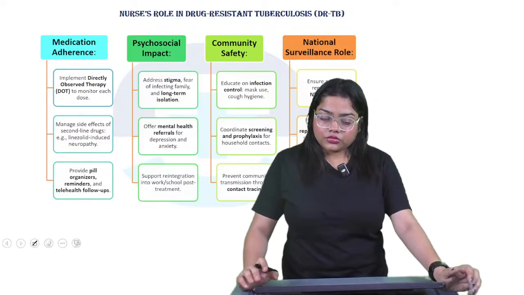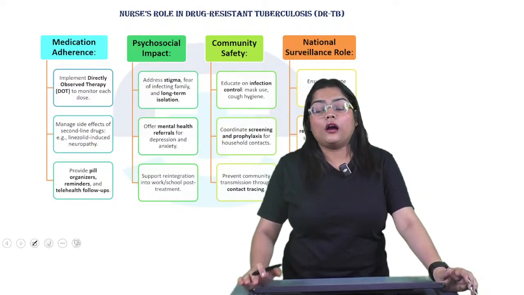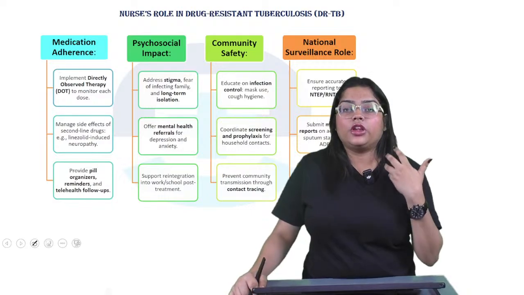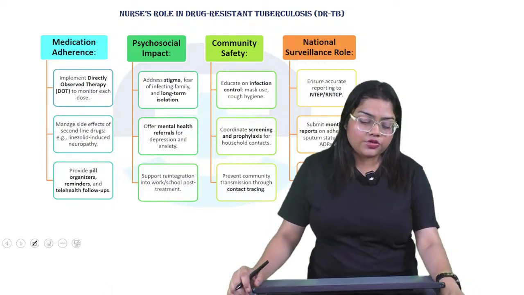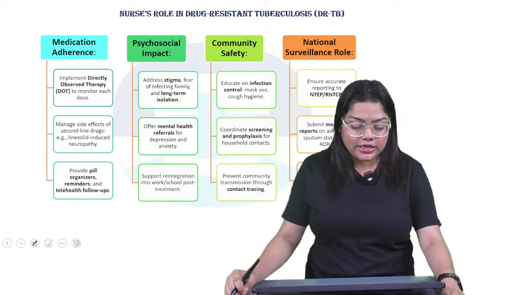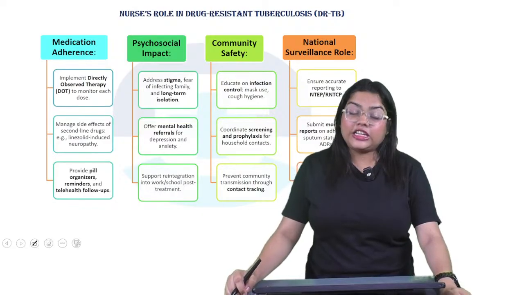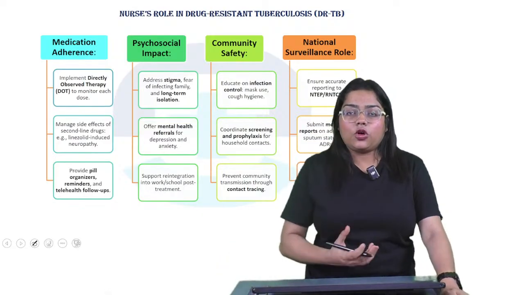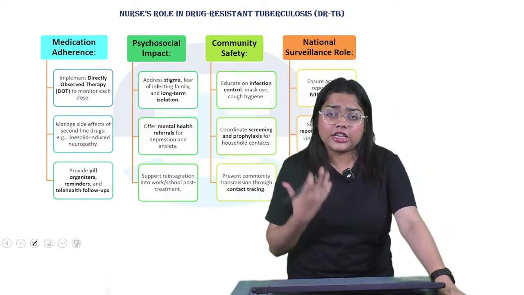In these cases, what is the nurse's role? How will a nurse react and act? In medication adherence, first, as a nurse, we have to implement the directly observed therapy, or DOTS therapy, to monitor each dose, to see how the patient is reacting as the dose increases, and whether the symptoms are decreasing or increasing.